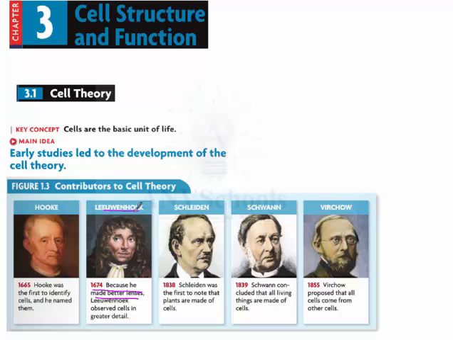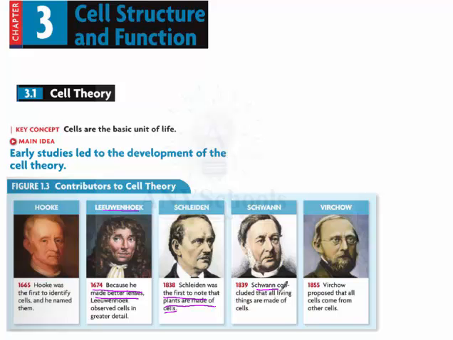Leeuwenhoek, the Dutch linen draper, was the one who, of course, was able to see the animalcules. Then Schleiden was the first to note that plants are made of cells.